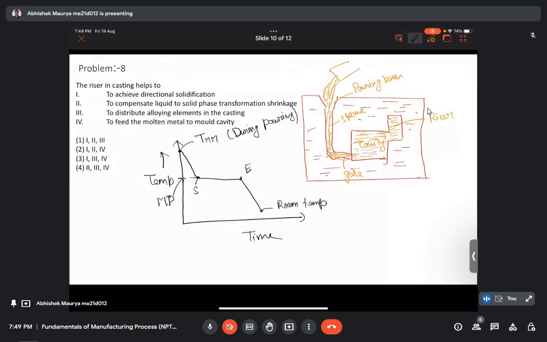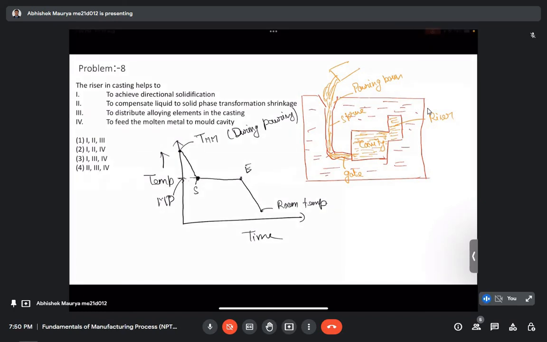So during the whole process, the volume of the molten metal keeps on decreasing, as well as here during the solidification process also. Here to here, when the temperature of molten metal comes to the melting temperature, this was the pouring temperature, which was higher than the melting temperature, and this is called the superheat.